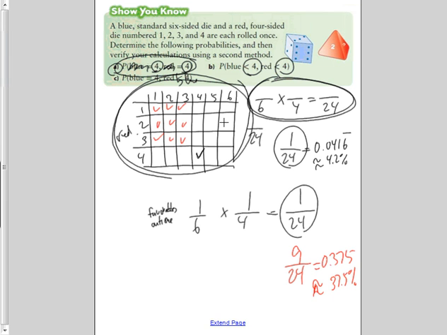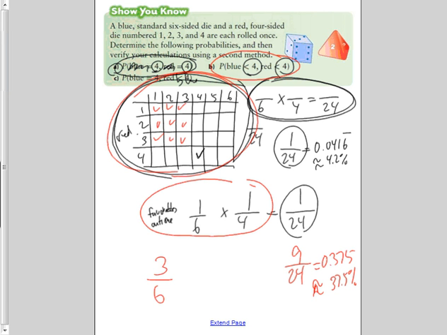But rather than use the table of values and put check marks into each of the parts that meet what I'm looking for, I could simply use this same method here and see if it works. So if I took this six-sided dice, how many numbers on that six-sided dice were less than 4? 3 of them.